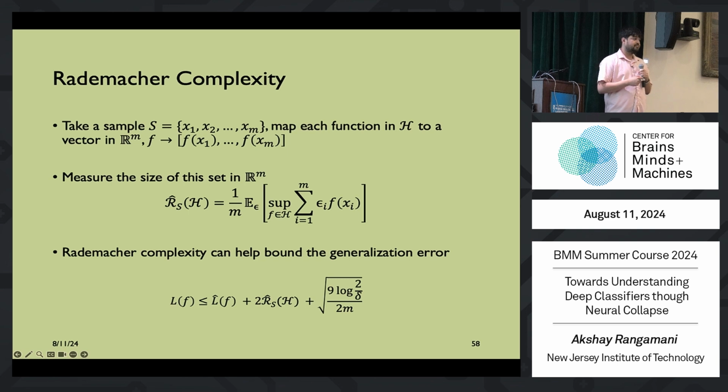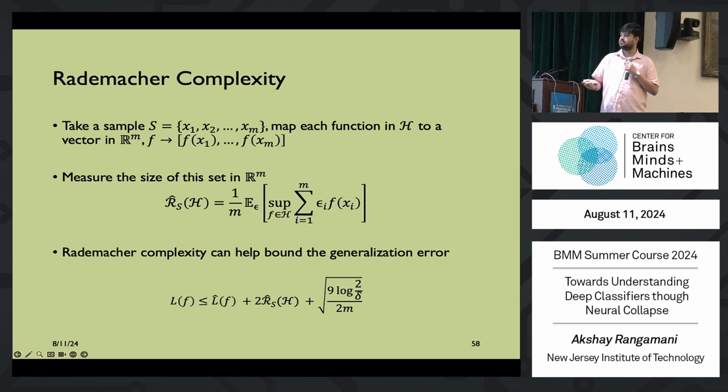So how do you measure the size of a hypothesis class using Rademacher complexity? You have your sample, and you map each function in your sample to a vector in R^m, and measure the size of the set in R^m. And that's how you end up with this entire expression here. If I had started with this, it might have been harder, but hopefully you get an intuition for why Rademacher complexity is actually measuring something to do with the size.